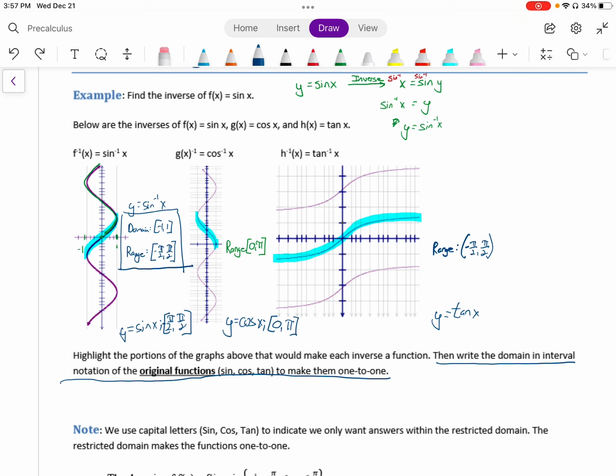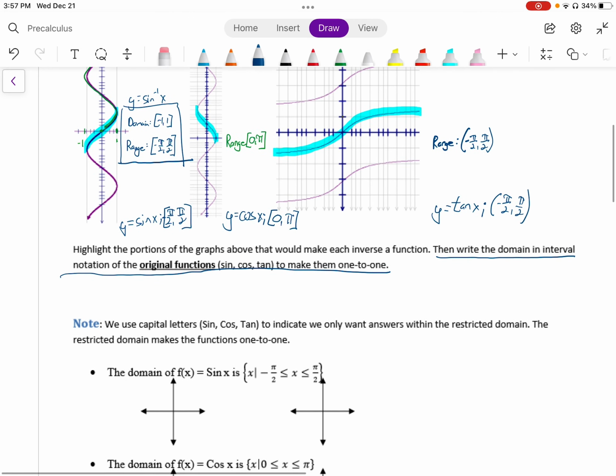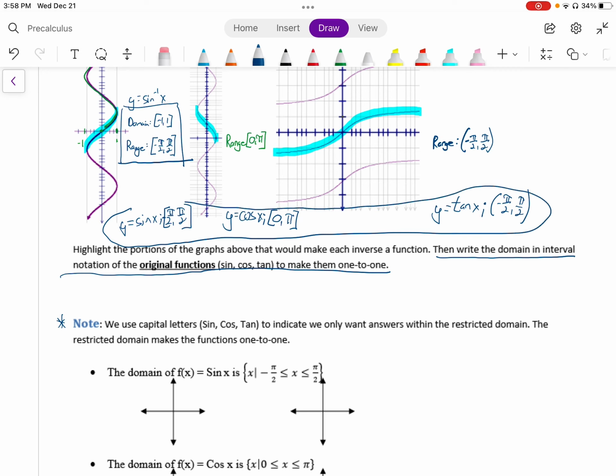Forgot the semicolon, and actually it's not a bracket, it's a parenthesis. So what we do is we get to this note down here to indicate that we want these restricted domains on our original function. We actually use capital letters to indicate we want the restricted domain.